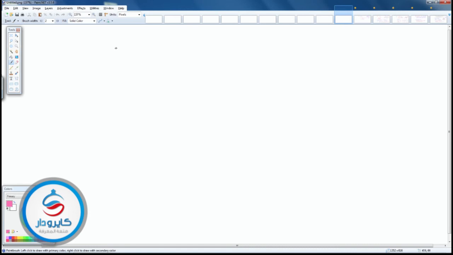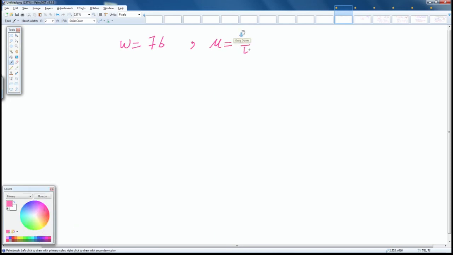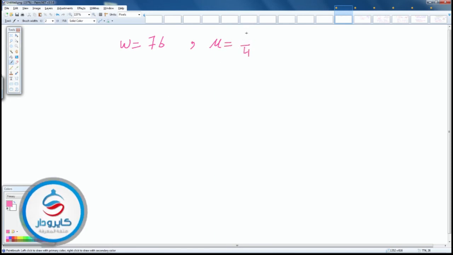We have now W equals 76 and we get that mu equals a quarter, and now we have to draw the new figure. This is a horizontal rough plane and this is our body, and this is the weight and this is the normal reaction.